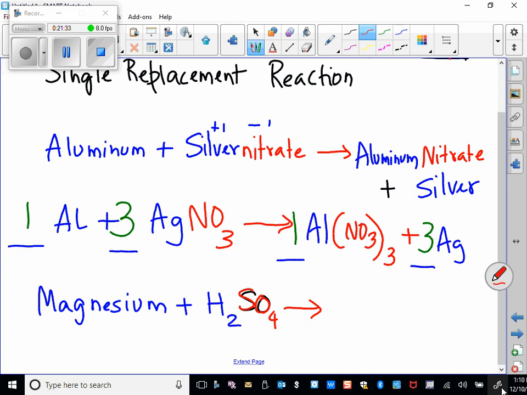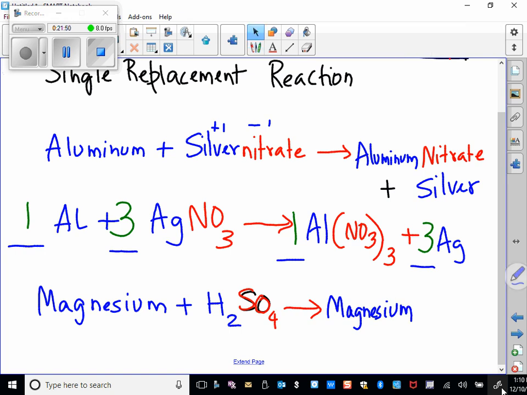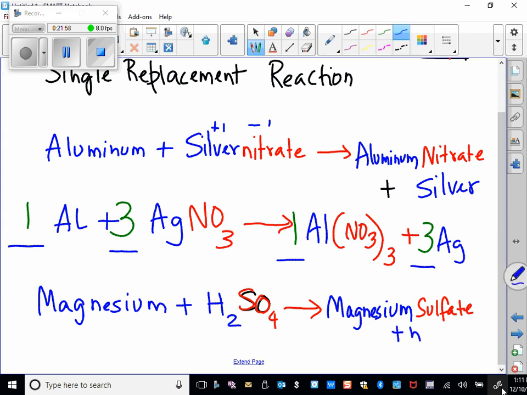The red is my non-metal. Magnesium sulfate. And what will step outside? Hydrogen. Magnesium sulfate plus what steps out? Plus hydrogen.